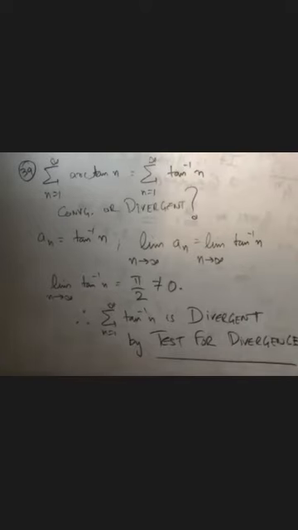So when you see a series that doesn't look like a geometric series, always check, compute this limit. And if it's not equal to 0, we conclude it's divergent by test for divergence.